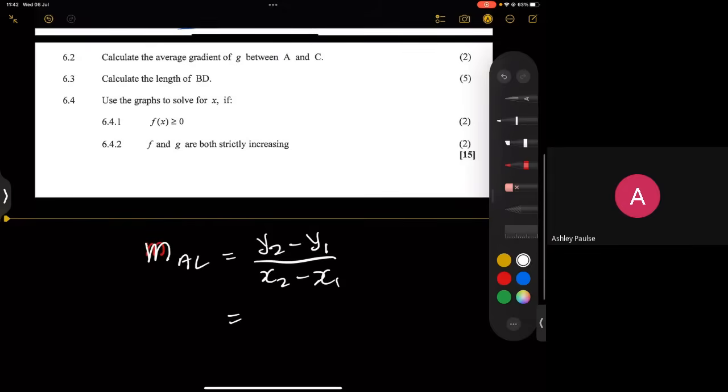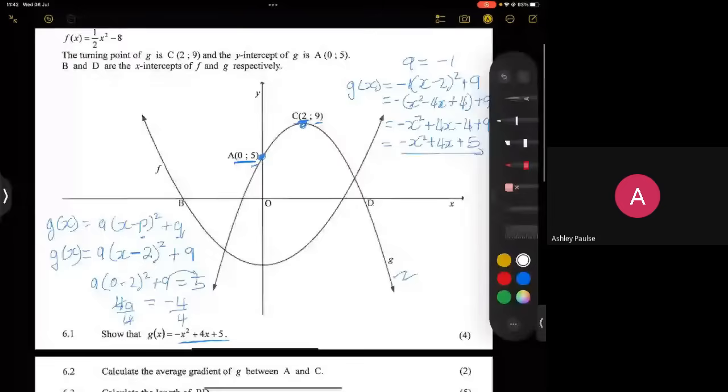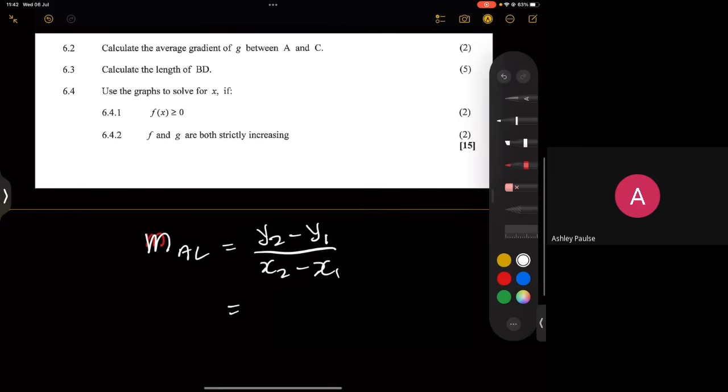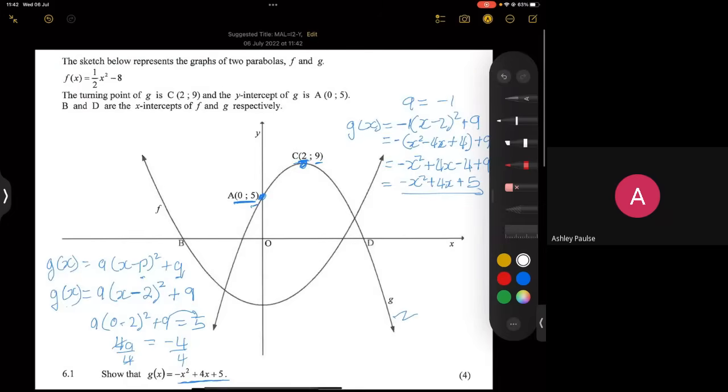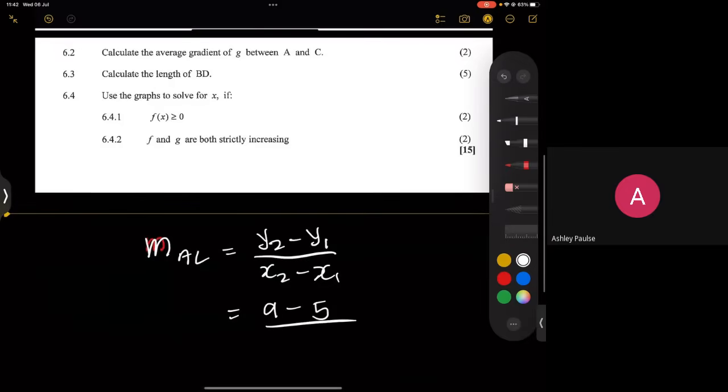Let's take the value at C to be our y2, so that would be 9, and y1 would be 5 at A, so that would be 9 minus 5 divided by, when the y value is 9, the x value is 2, so that would be 2 minus 0.